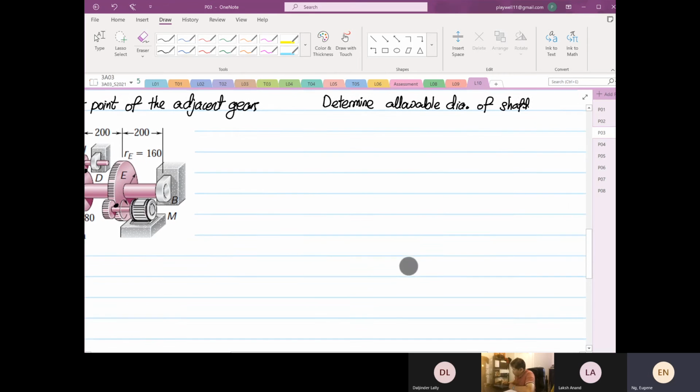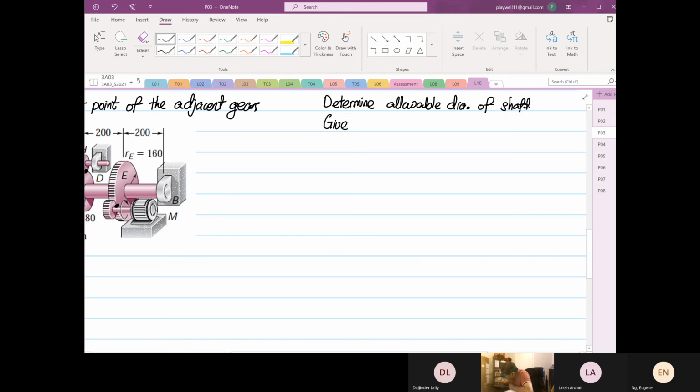So we are given that the allowable shear stress is equal to 50 times 10 to the power 6 Pascal. That we're given.